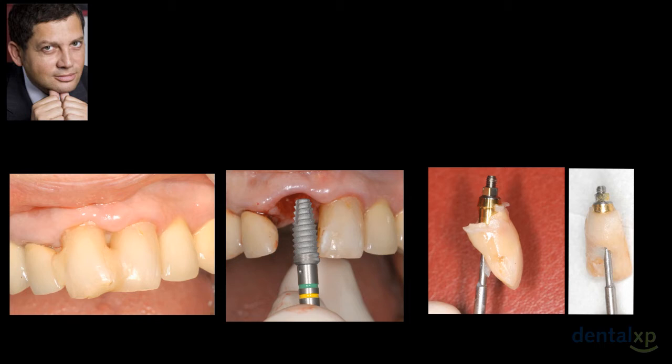We extract the tooth, we hollow it out, and then we're going to glue the tooth on the abutment, and this abutment will maintain the soft tissue at its initial position.